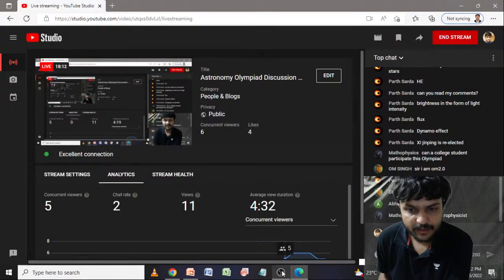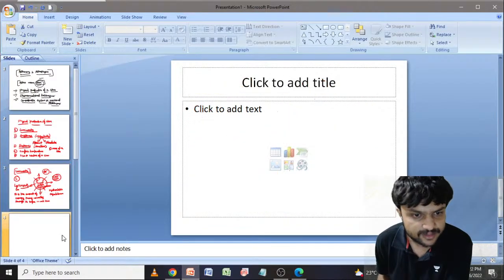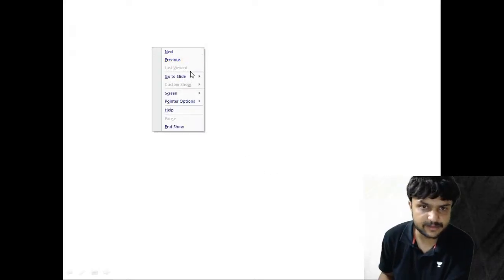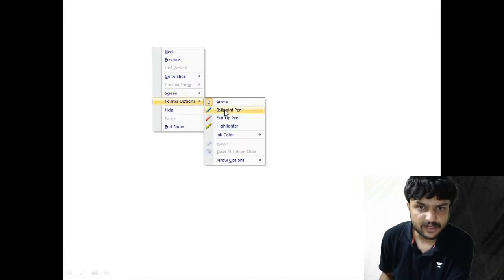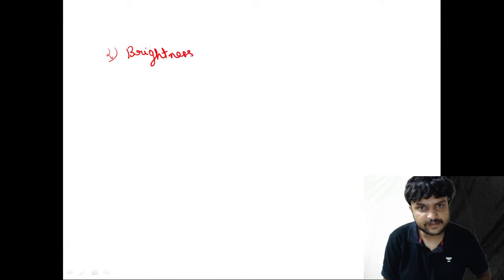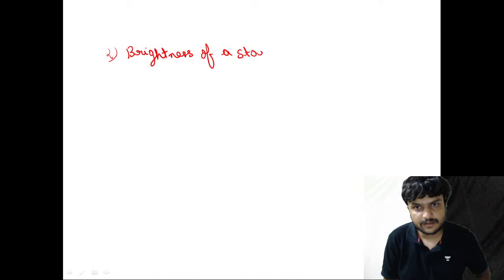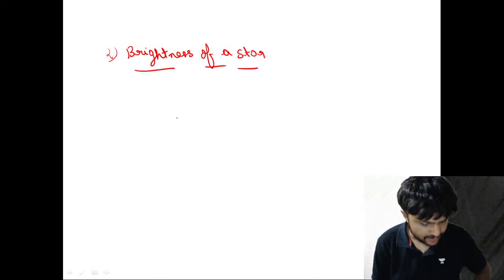Okay, we will go for the next topic, which is the brightness. Next property, which is the brightness. So if there are no doubts, I'm going to go for the next property, which is the brightness of the star. So what is the brightness of the star?